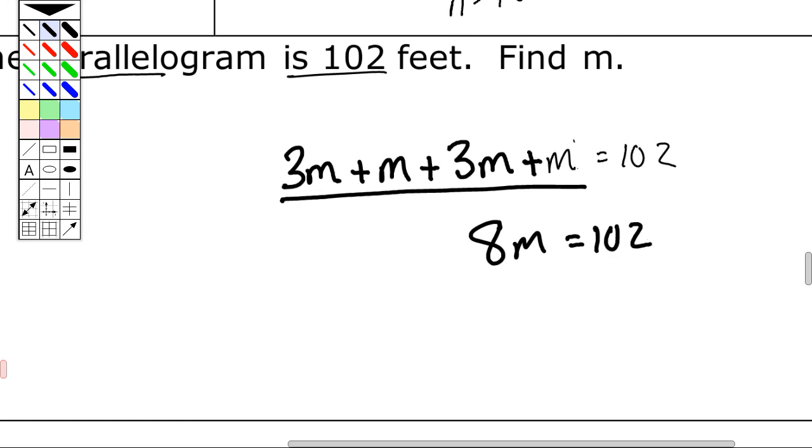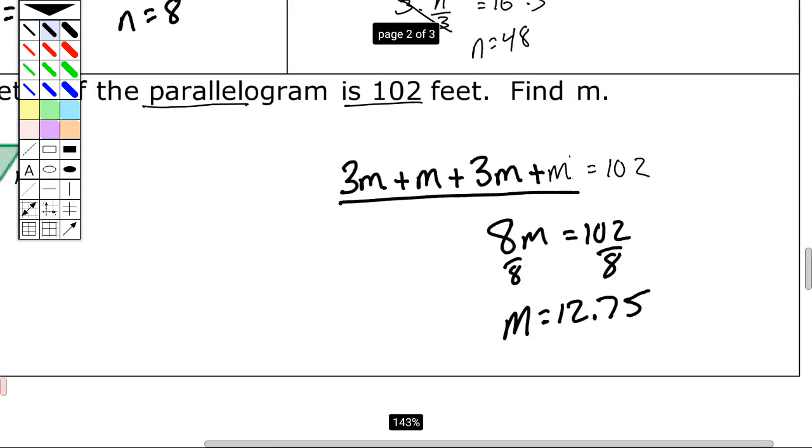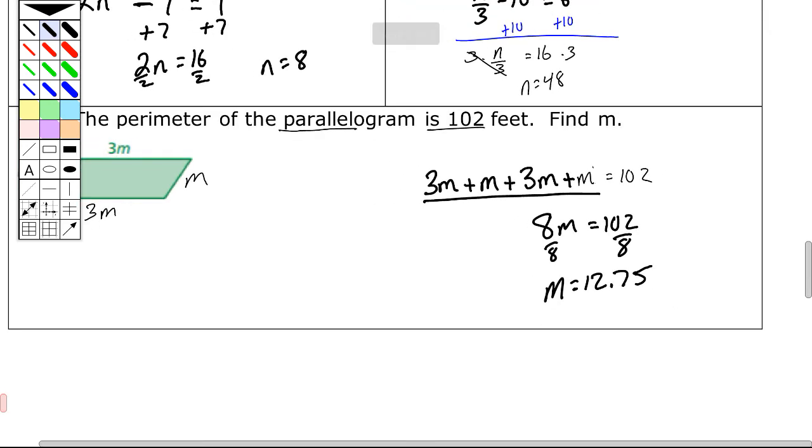And that says 8 times m, so I need to divide both sides by 8. And I am getting m is equal to 12.75. That's it.